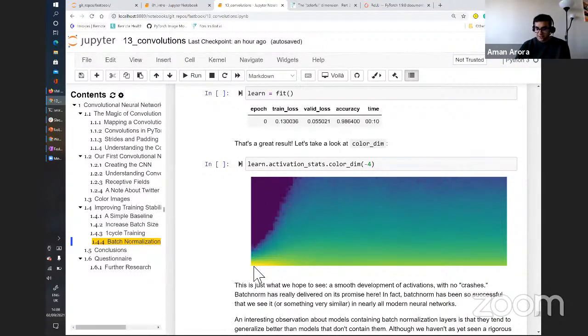In my first batch, I start with a lot of values that are close to 0. See this bright yellow at the bottom? Then in my second batch, there's more values that are positive.